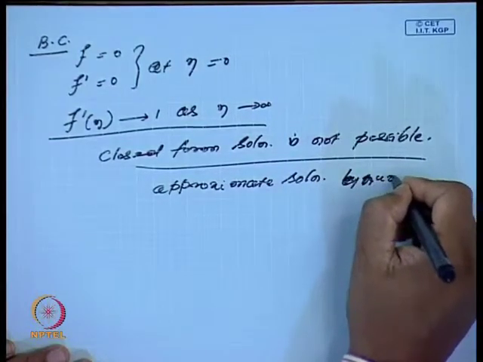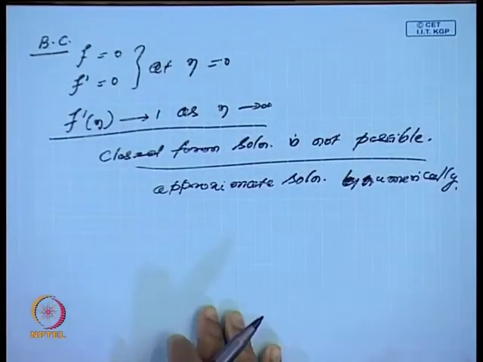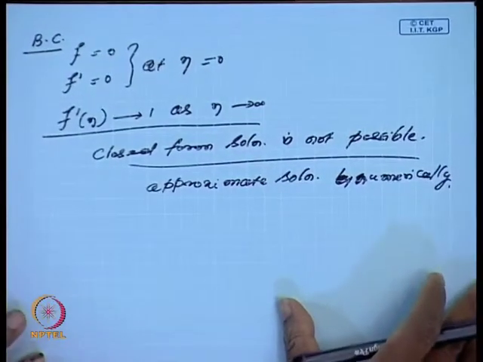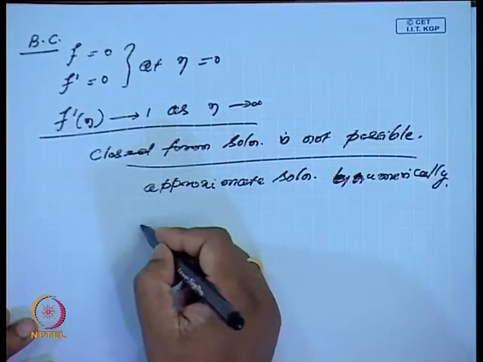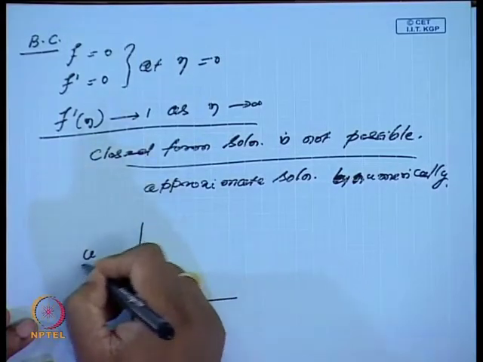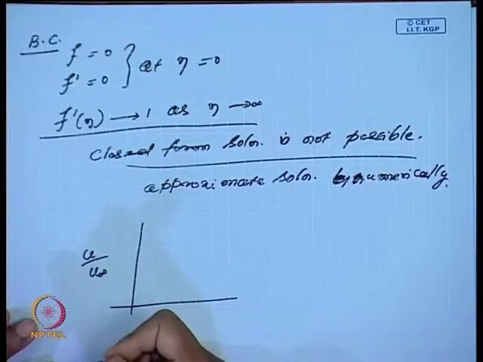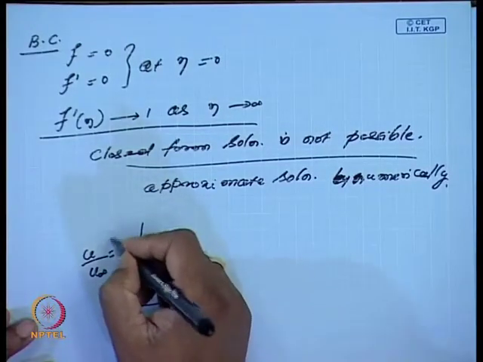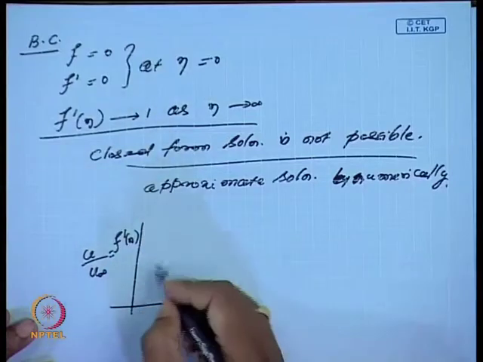In fact, this solution was obtained by applying the shooting method, and I will just plot the result. So u by u infinity, which is nothing but f dash of eta, the plot will be like this.